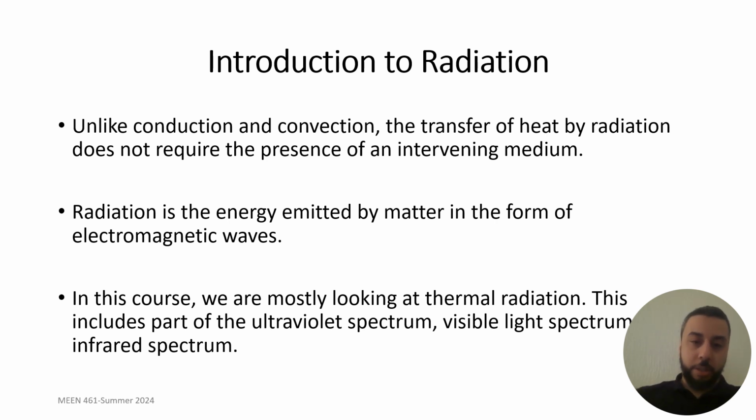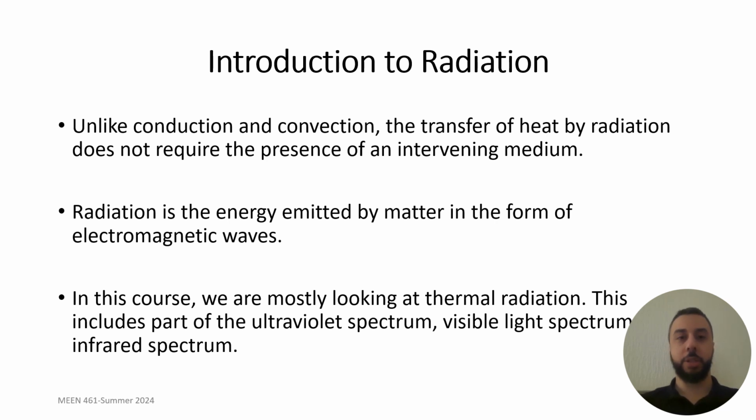The radiation we've already covered before in the introduction section. Unlike conduction and convection, the transfer of heat by radiation does not require the presence of an intervening medium. The most common example is if you have a container with nothing inside, not even air, you will still have radiation.